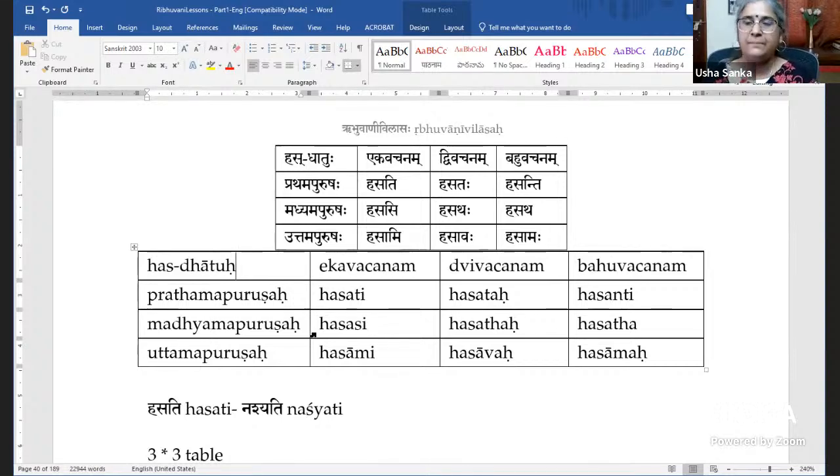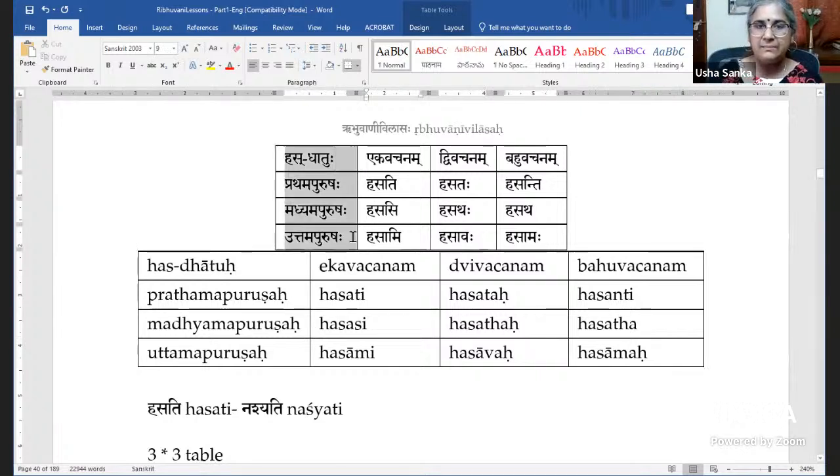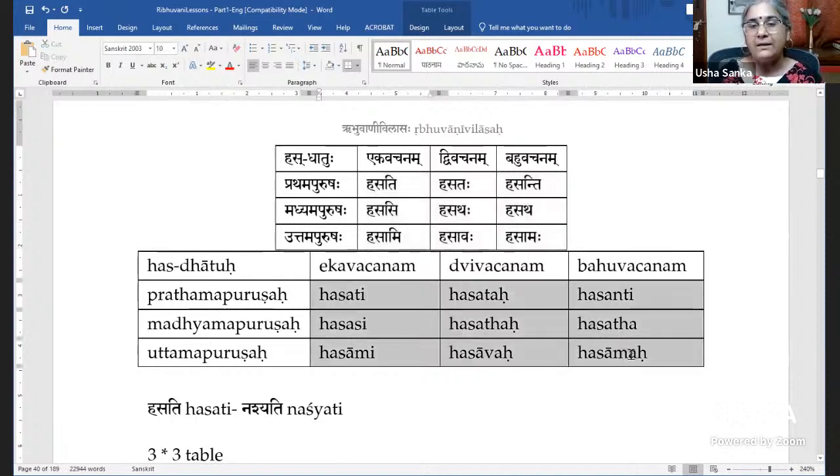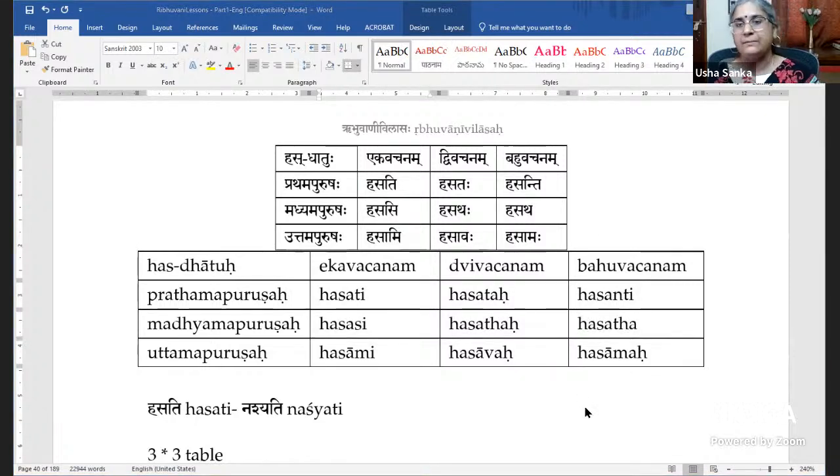So what is that form inside this table? There are 9 forms. These are just the x-axis and the y-axis. Now we have these 9 forms. We don't count these boxes. We count only these 9 boxes for the forms. So what is the form which tells you that he is laughing?